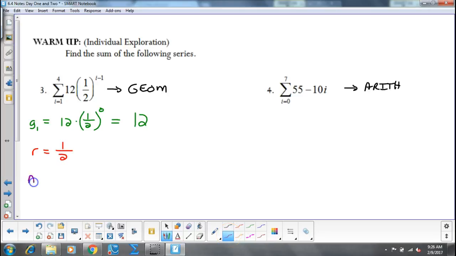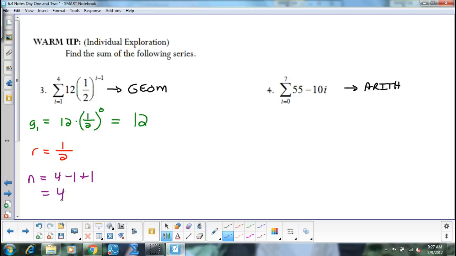I can either find the number of terms, top minus bottom plus 1. So there's either 4 terms there, or I could find my nth term, and then that would be 12 times 1/2 to the 4 minus 1 power, which is 4 minus 1 is 3. 12 times 1/8 is 3 halves.